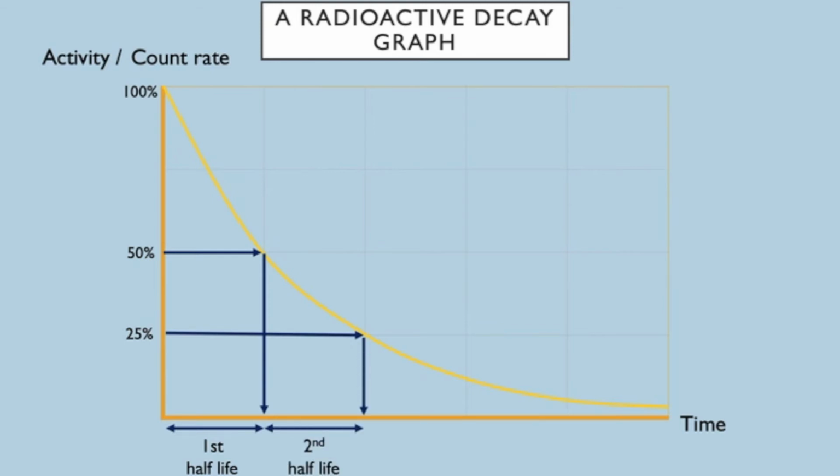After the same amount of time again, the second half-life, I will go down by another 50%. And you can carry on doing that over and over again until you haven't got any radioactive particles left anymore.